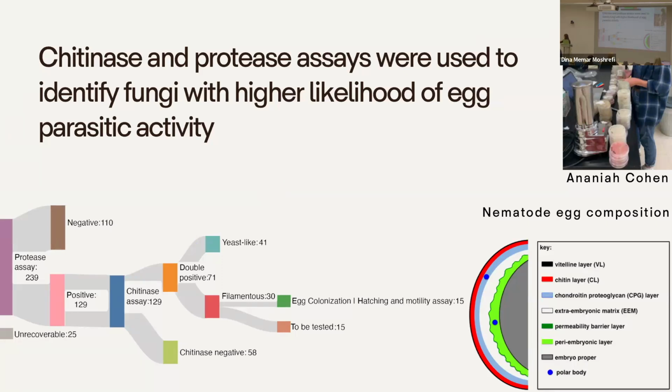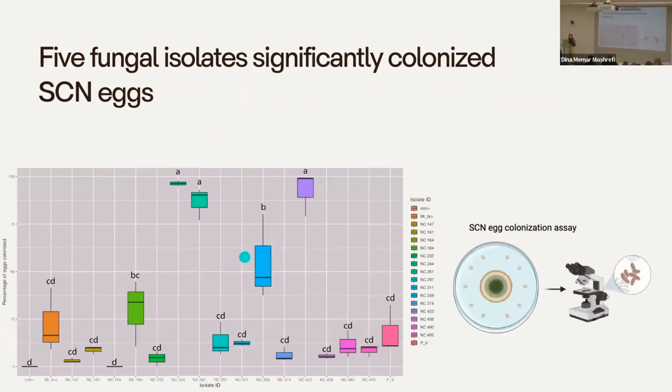Okay, so after we had filtered for the things that may have the highest likelihood of going through that nematode eggshell, we ran a soybean cyst nematode egg colonization assay. The way that looks, as you can see in the figure here, is that you put the fungus in the center of a plate, and then this nematode cyst.